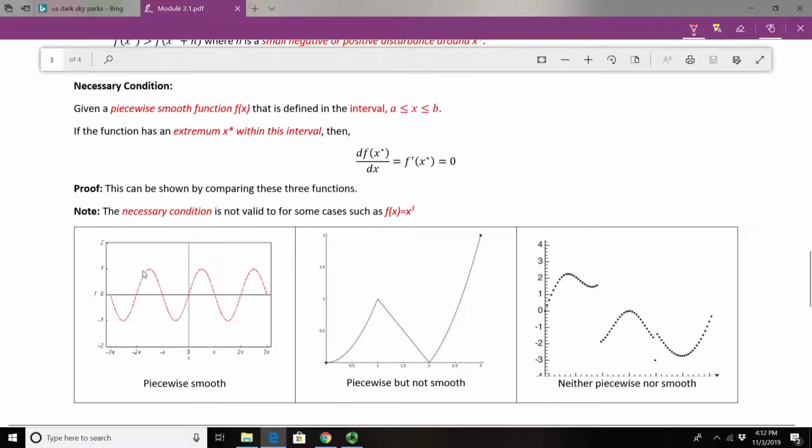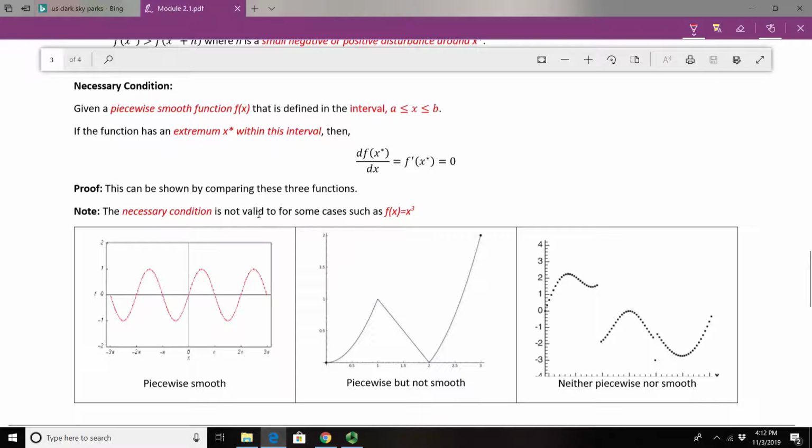I can call this a local maximum between this point and this point. Similarly, between 0 and this point, it is a local minimum, etc. If I go here, here is a local minimum, and here is a local minimum. But here df/dx is not 0. Actually, I have two values. One comes from the right, one comes from the left. Here, of course, I cannot apply this definition.